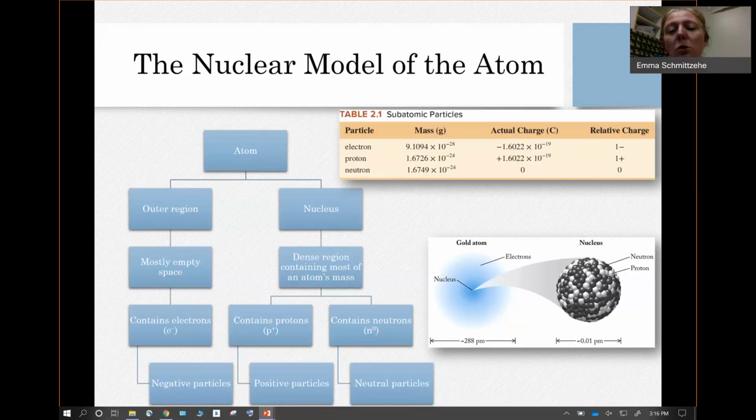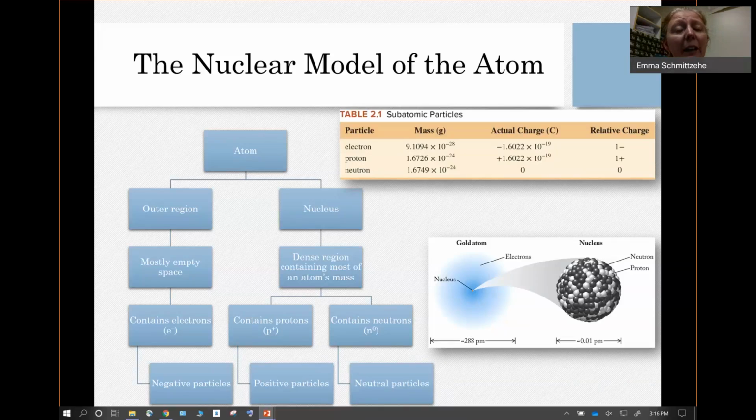You should also notice that the mass of an electron is significantly smaller than that of a proton and a neutron. The mass of a proton and the mass of a neutron are pretty similar, and they're much larger, about 2,000 times more massive than an electron. That's why we say they take up the majority of an atom's mass.